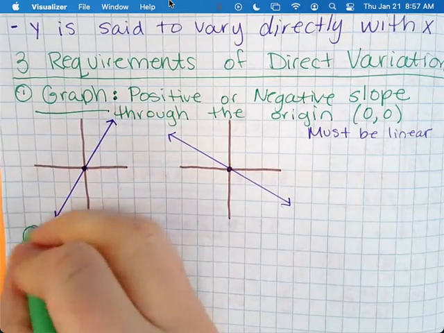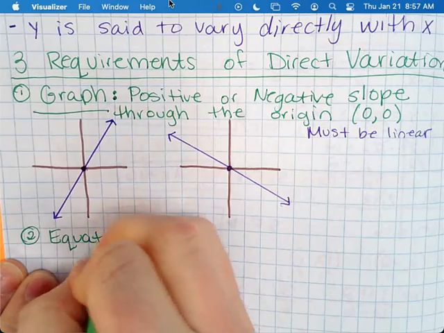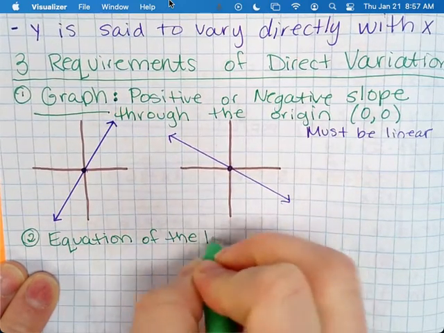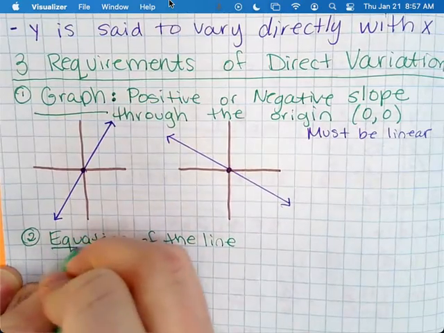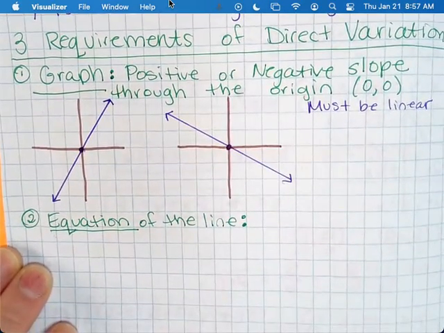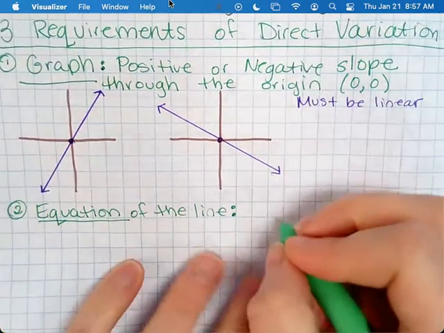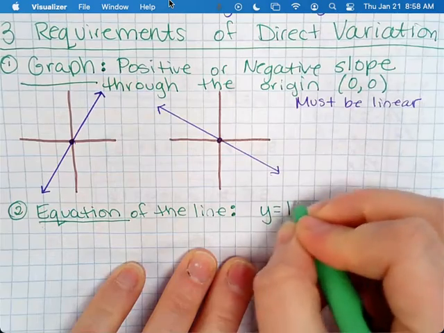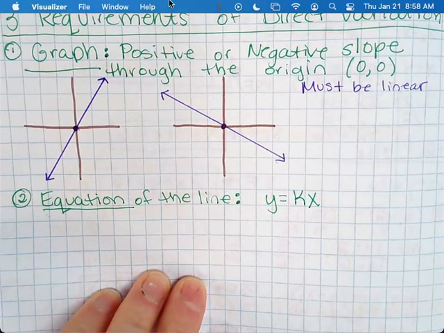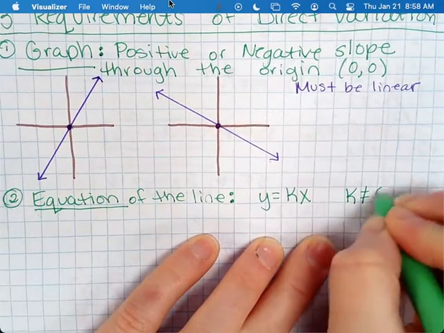Okay, so the second one is dealing with the equation of the line. It's written as y equals kx, where k does not equal 0.